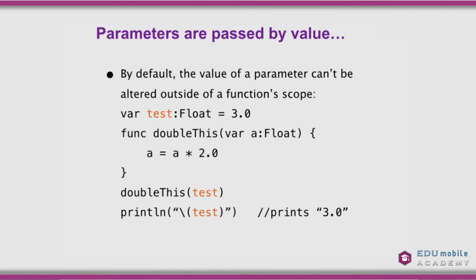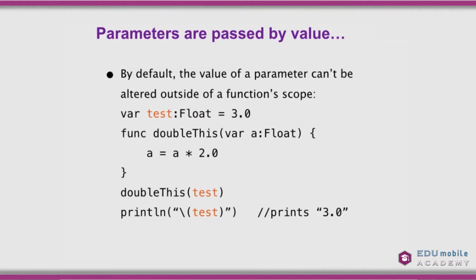Parameters are also passed by value into functions. So by default, the value of a parameter can't be altered inside of a function's scope. And here we're talking about these primitive type parameters. We're not talking about classes. So if we set up a test variable of type Float and set it to 3.0, then we have a doubleThis function taking a variable parameter a as a Float, and a = a * 2.